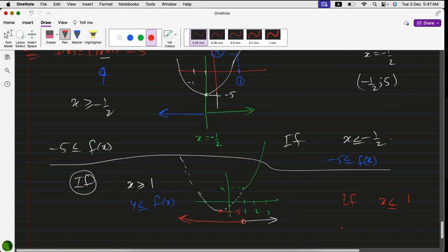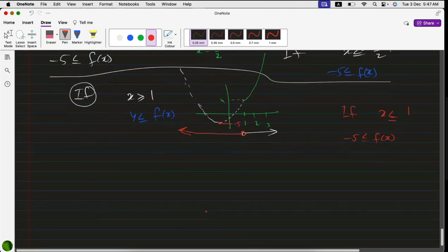So it would be minus 5. Okay. Because if we just draw it from 1 and below, this is 1, the graph is going to look like this, and the spread is from minus 5 upwards. Okay.